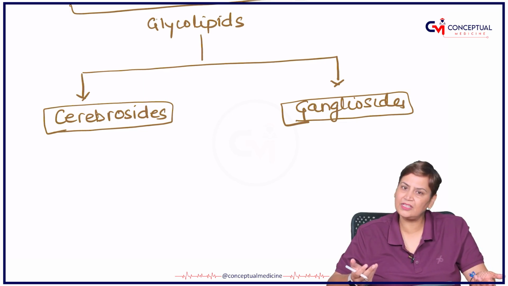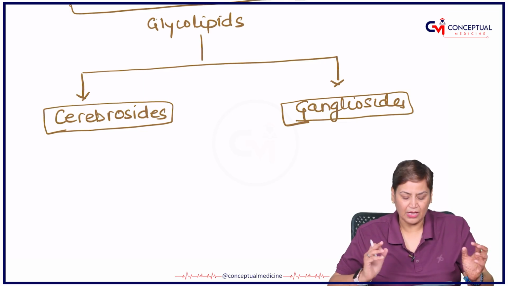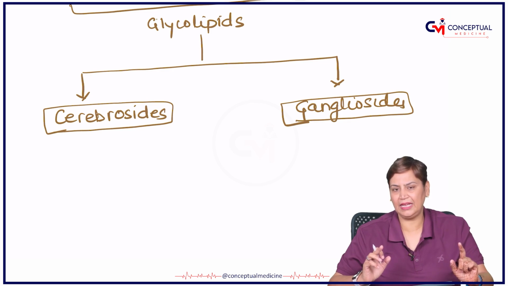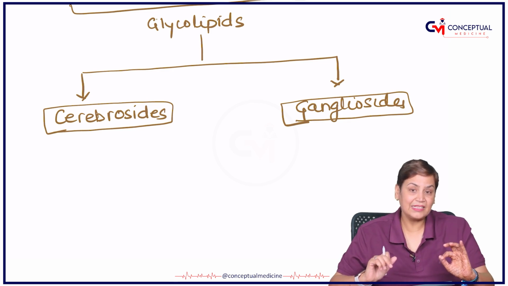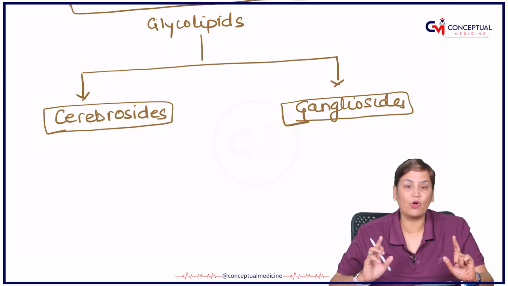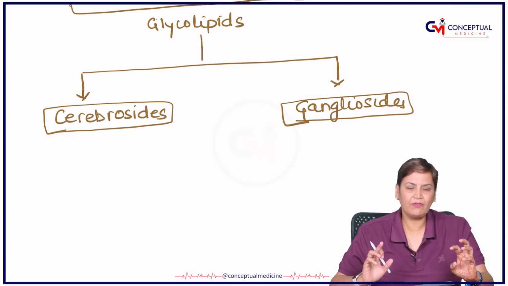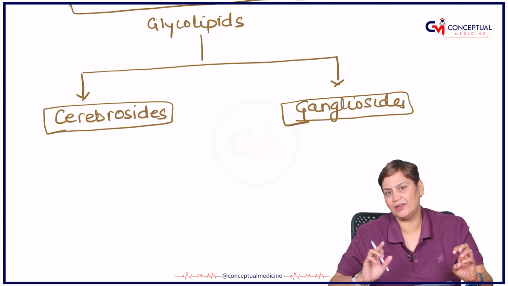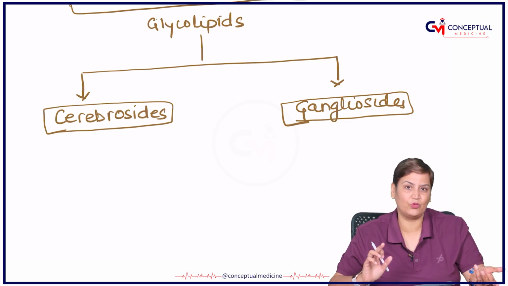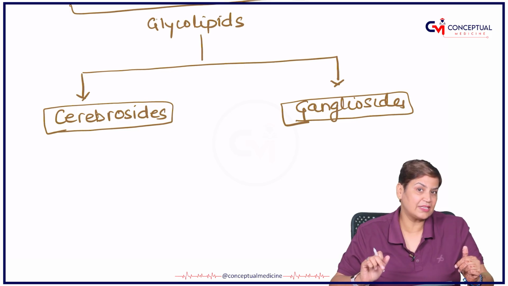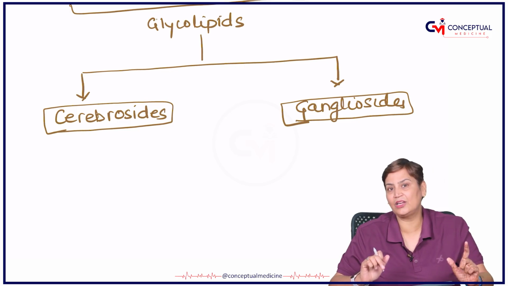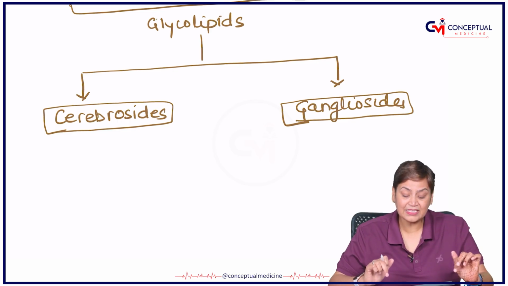Function we have already discussed, right? Now what you have to remember here is what is the composition? Very, very important. If glucose is there, we will call it glucocerebroside. If galactose is the sugar, we will call it galactocerebroside. Right?